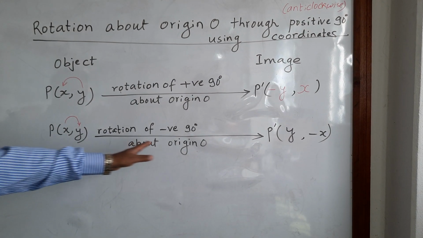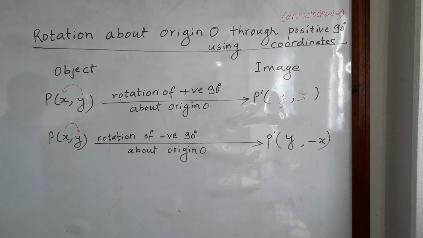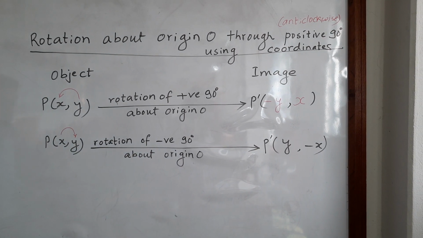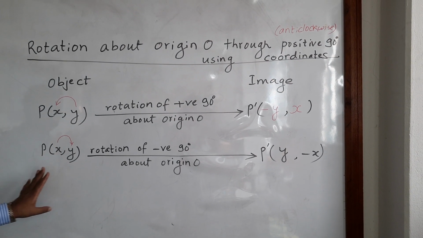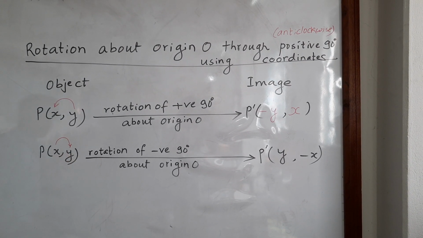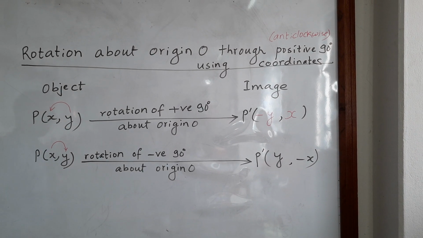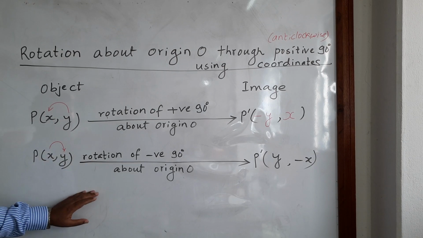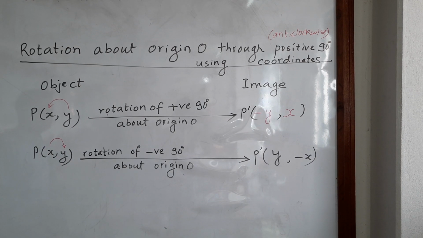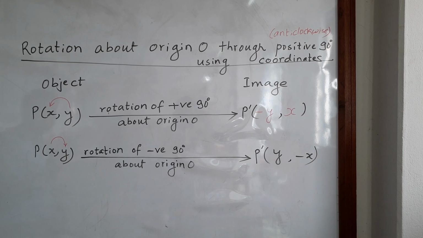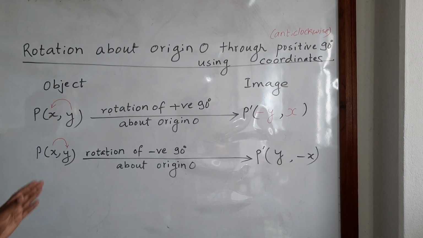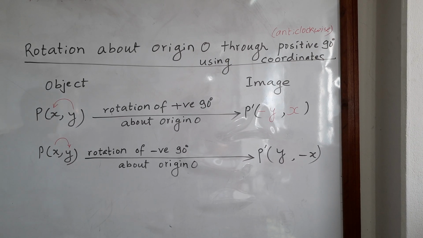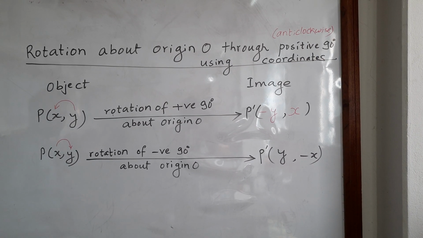So this is the formula for the rotation of negative 90 degrees about the origin O. Okay, in this way we can remember both of these formulas, and by using these two formulas we can derive other formulas, like the rotation of 180 degrees about the origin. So how do we derive that? Look here.